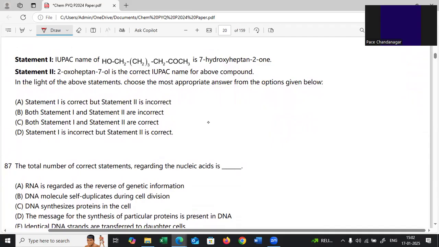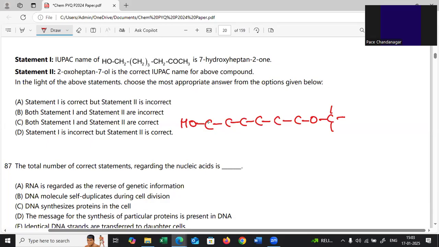So OH here, then CH2 three times, fourth time CH2, then COCH3. So it is CO and then CH3. This is how we have to go, right? And what is the name for it?